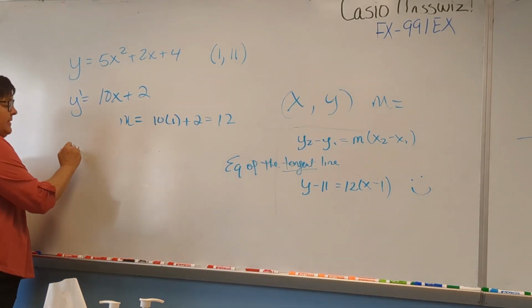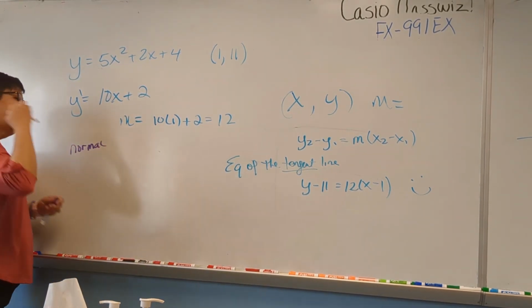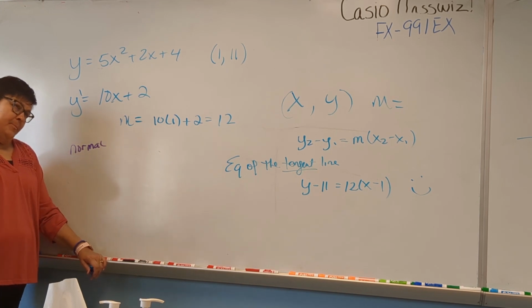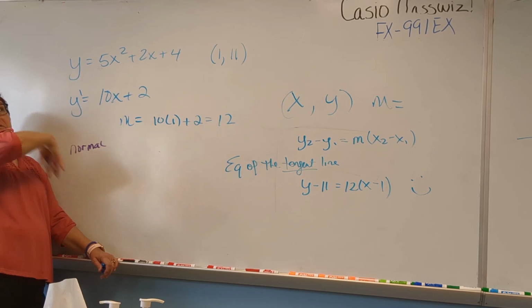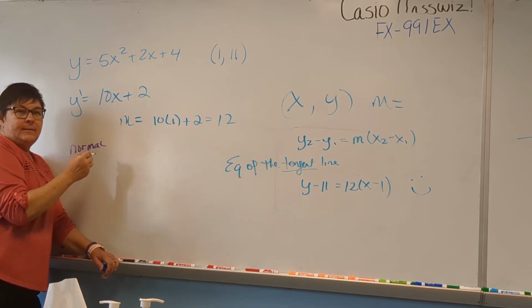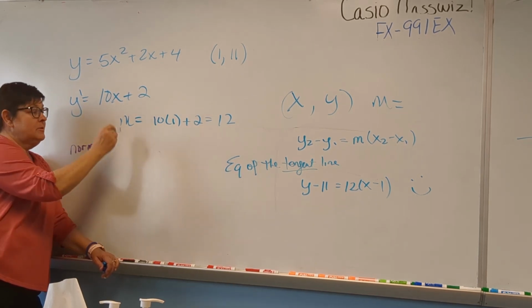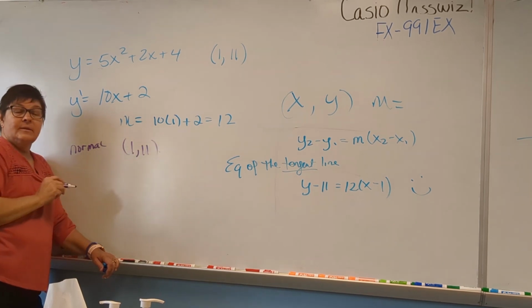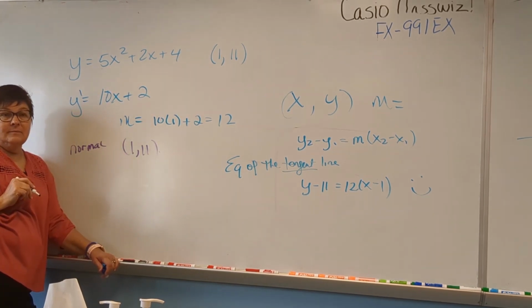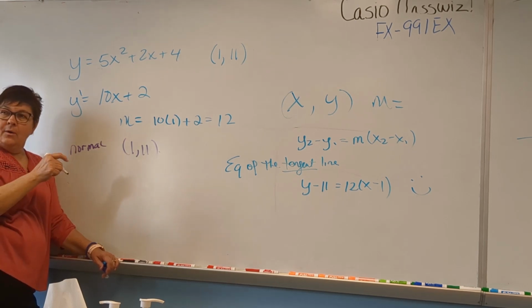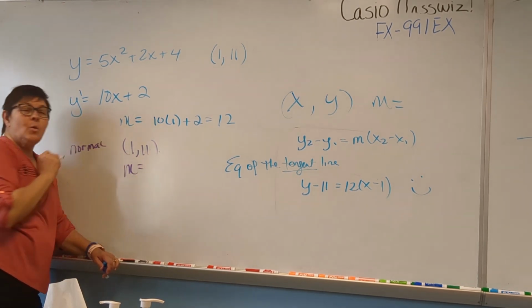So let's talk a little bit again. What is a normal line? Perpendicular, right? So do I have an x and a y in this example? The original x and y, 1 and 11. Did I have a slope for the tangent? 12. So what would the slope of the normal be?